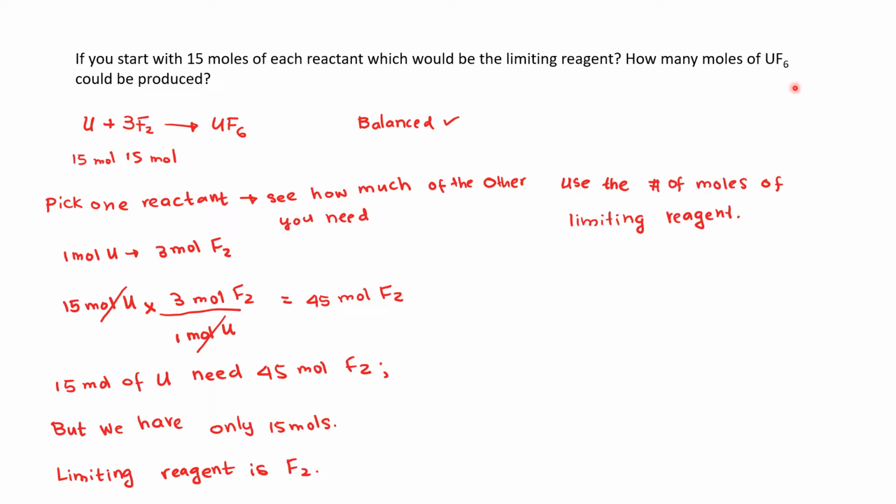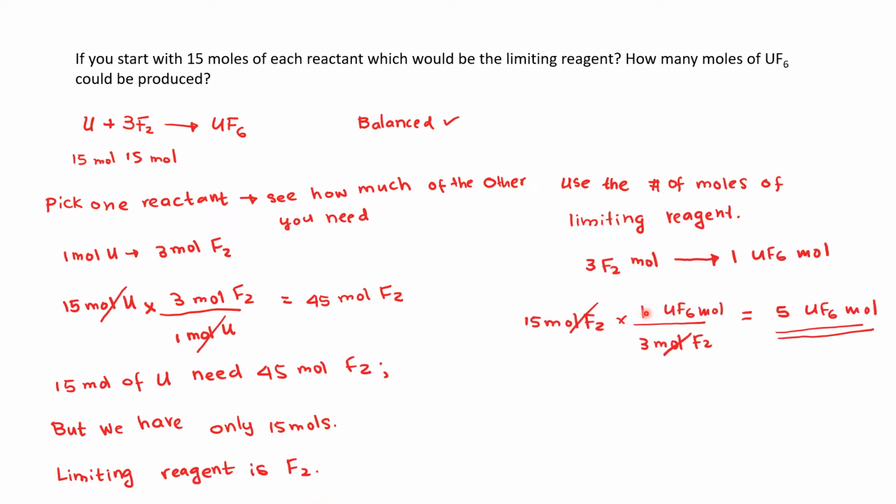How many moles of uranium hexafluoride could be produced? To find the number of moles that can be produced, we use the number of moles of the limiting reagent. We know it is fluorine. By the stoichiometric coefficient, 3 moles of fluorine produce 1 mole of uranium hexafluoride.